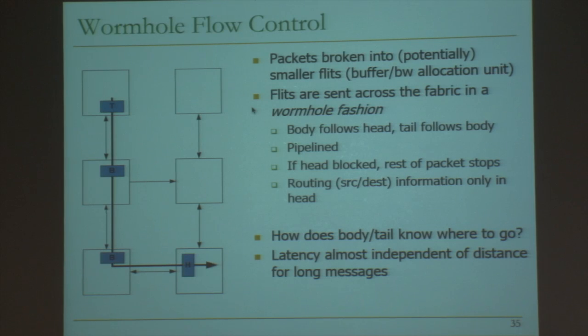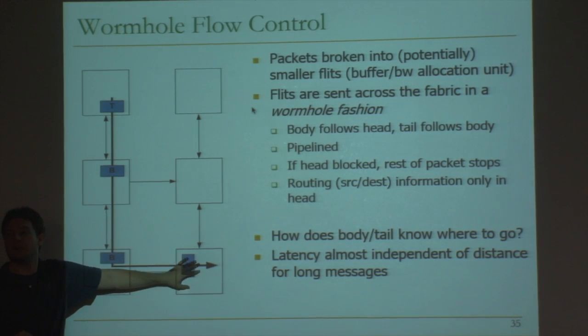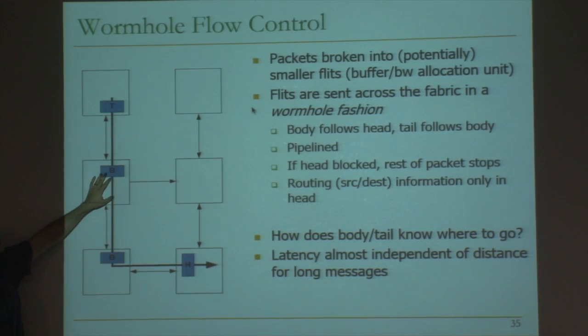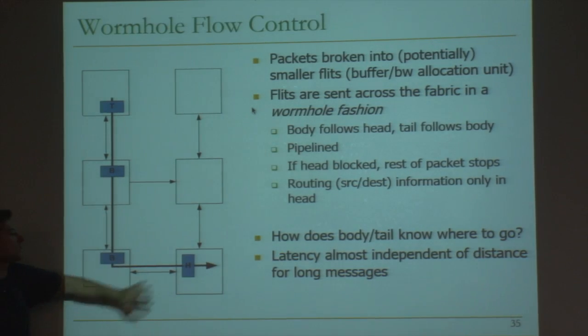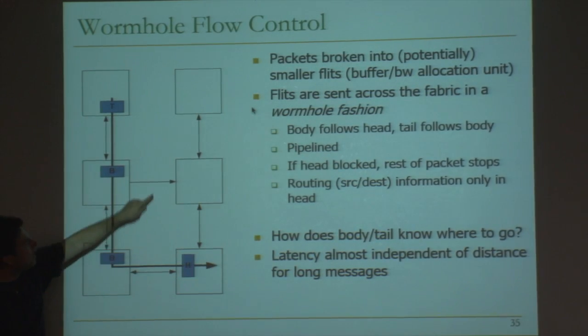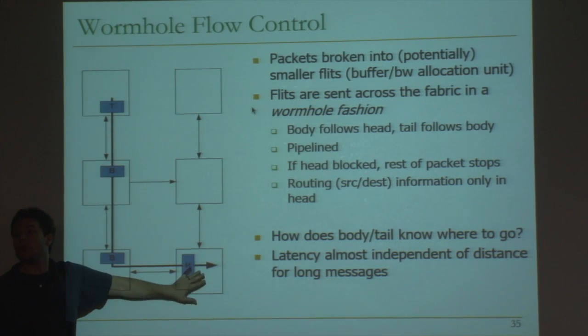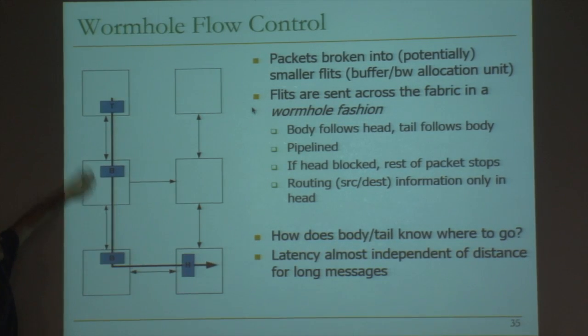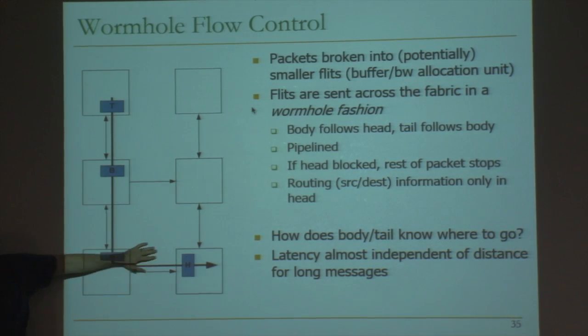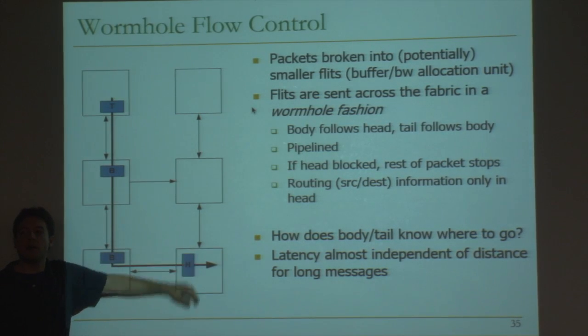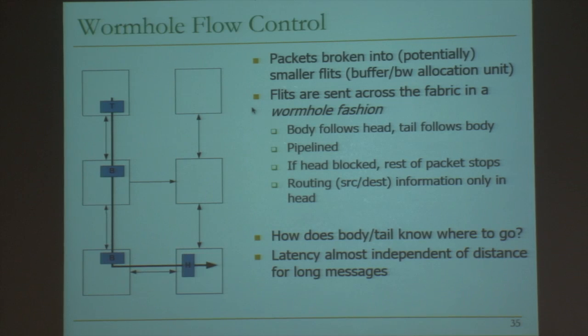It's not that much a matter of deadlock at this point. It's a matter of you're occupying resources across multiple places. So if I'm occupying some buffering here, and some buffering here, and some buffering here, I potentially am not allowing stuff to flow through this router. And if this guy's stuck across a big part of the network, then I could be blocking many routers. It could be tied to deadlock. Actually, I haven't given enough thought to that, but we're going to touch on that a little bit later.